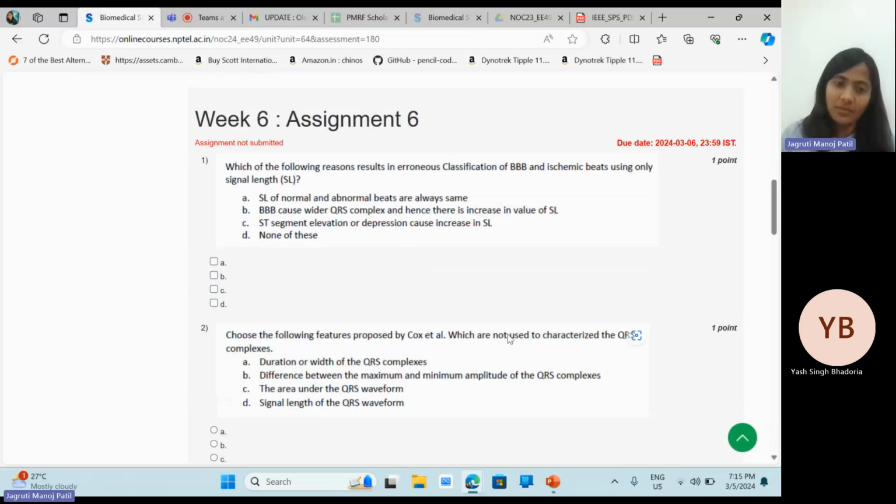Here I was sure about B, but I'm not so sure about C, because now we saw in the slides that signal length obviously varies for normal and abnormal beats, so it's not essentially the same. But what happens to the ST segment if it's elevated or depressed? I don't have an idea, because the ST segment is normally more of an isoelectric segment.